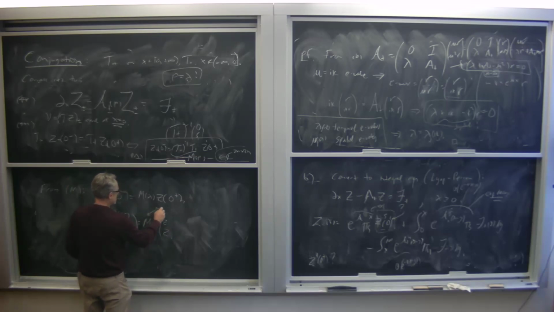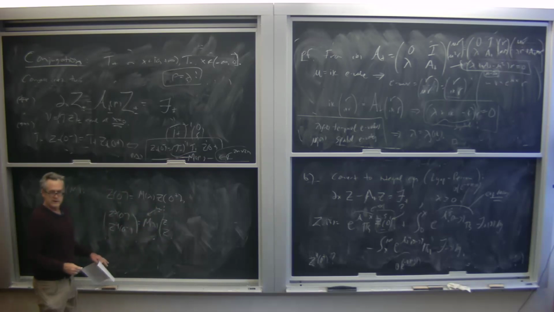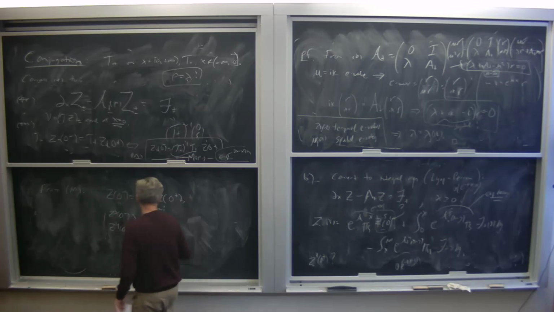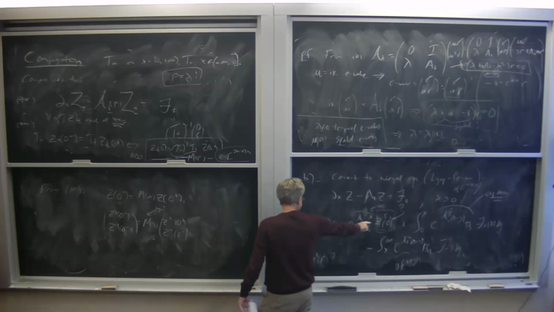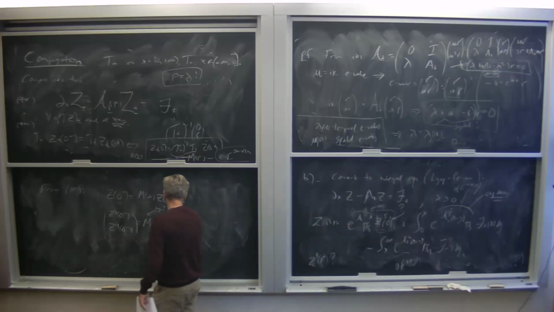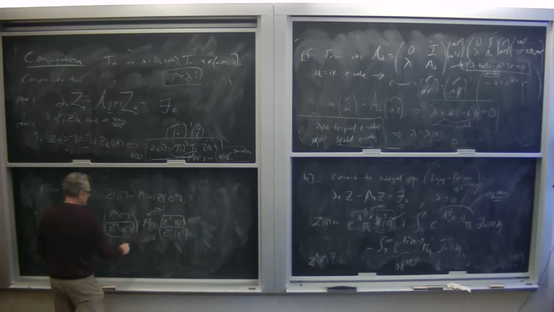And this is invertible. We know that because T inverse T is invertible. And this is z stable and z unstable of 0 plus and 0 minus. The ones we really care about are z stable of 0 plus and z unstable of 0 minus.